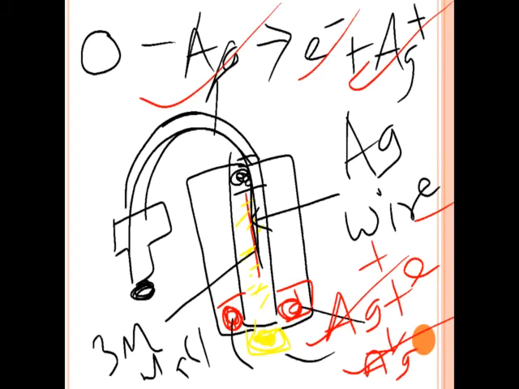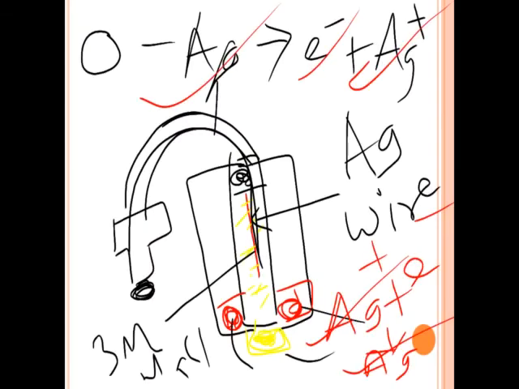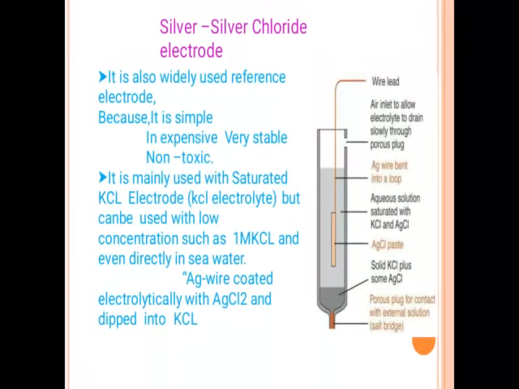So in this way, the working and the construction of the silver chloride reference electrode takes place. You can find out here the structure of this. This pore is present, this pore or grid made up of glass. Like this the construction takes place.